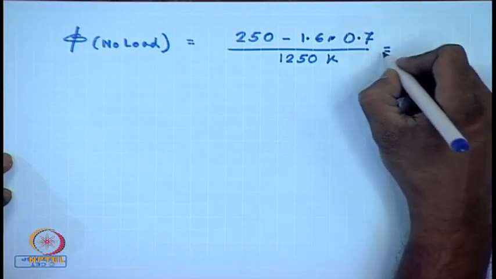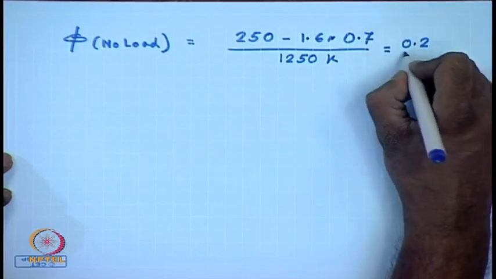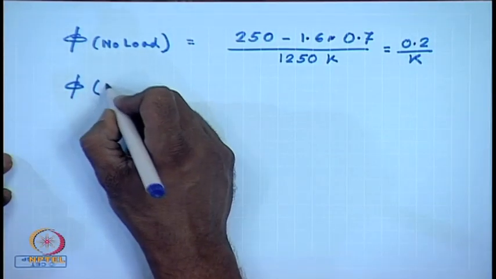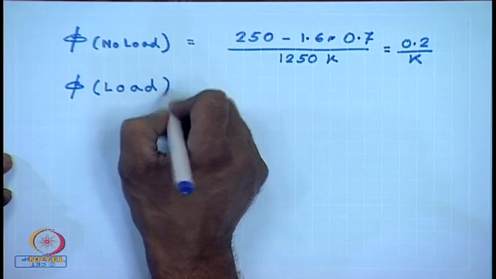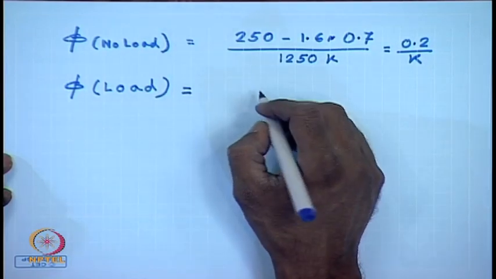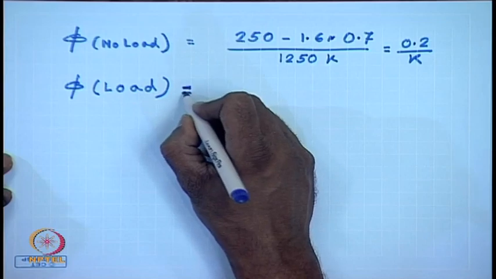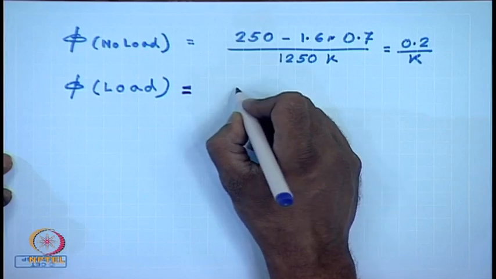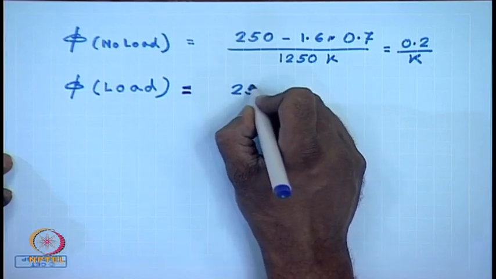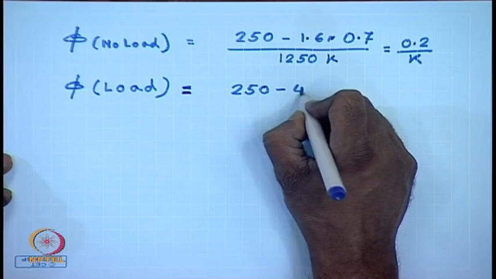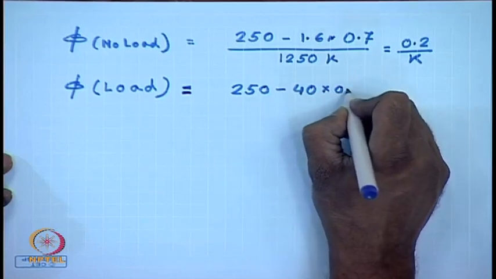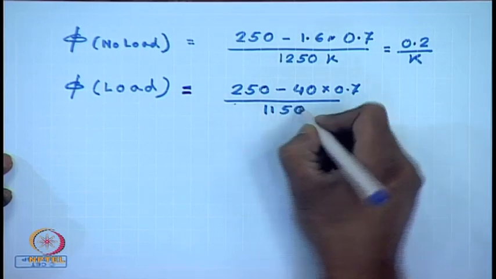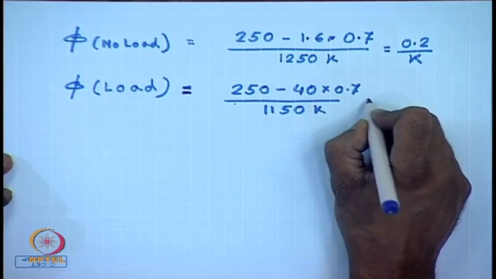So, this was equal to 0.2 by k, and phi on load becomes 250 minus 40 into 0.7 by 1150 k.